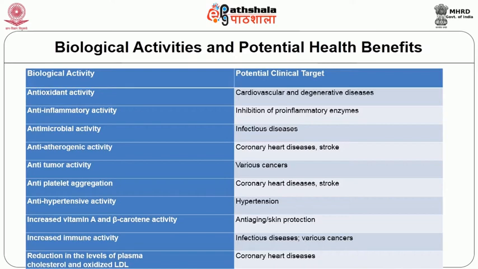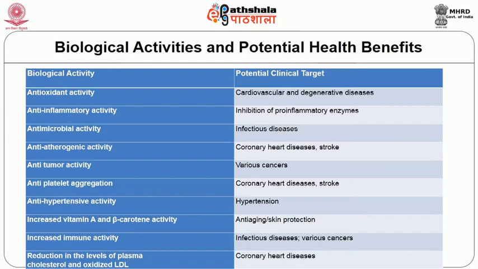They also have increased vitamin A and beta carotene activity and therefore are very good to prevent early aging and also protect skin against aging. Olive oil increases immune activity and therefore autoimmune disorders and other infectious diseases can be kept at bay.